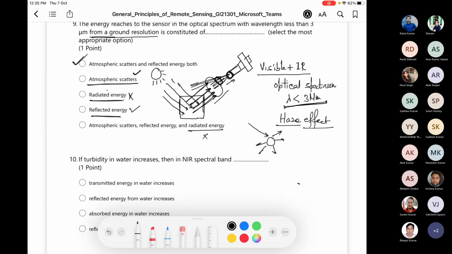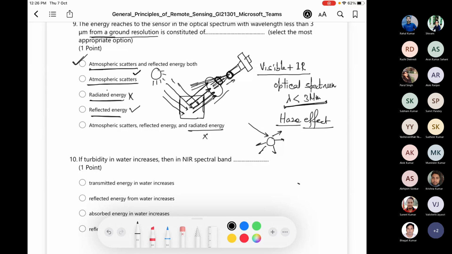So there are the atmospheric scatters which are present in the total upwelling radiance that reaches the sensor. This is the reason why, if you recall one of the discussions, I showed you two different images. Those were photographs.